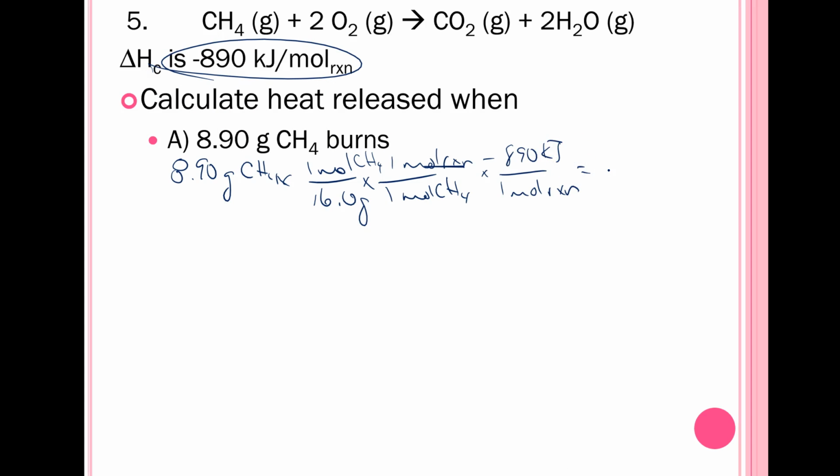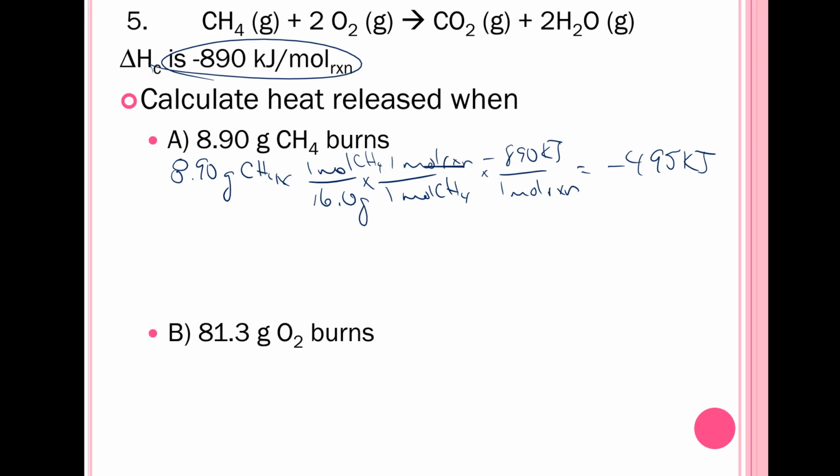So all I'm going to do is do the math. And you get negative 495 kilojoules. Okay, not too bad. It's just another form of stoichiometry, that's all.